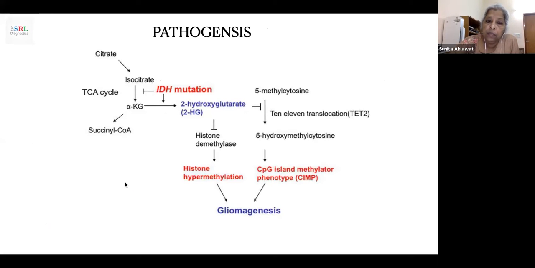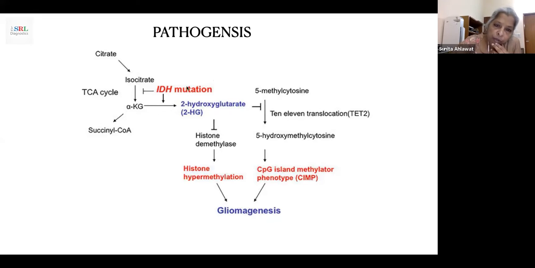So the IDH mutant glioma, how do they cause tumor formation? As we know, IDH is an enzyme of the Krebs cycle, and when there is a mutation, what I'm going to tell you is a very simplified representation of the pathogenesis.